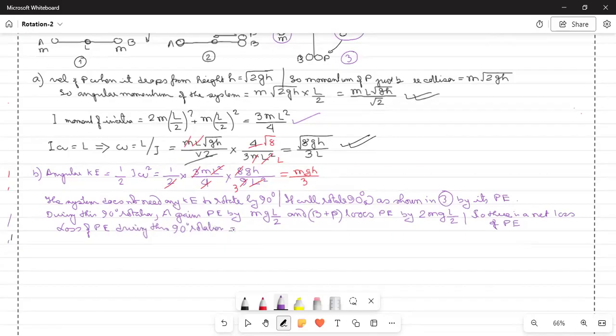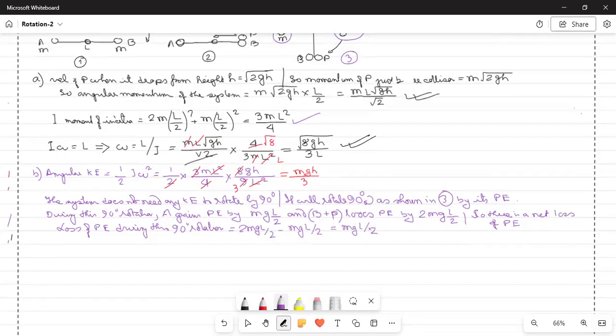It is equal to 2mgL by 2 minus mgL by 2, which is equal to mgL by 2.